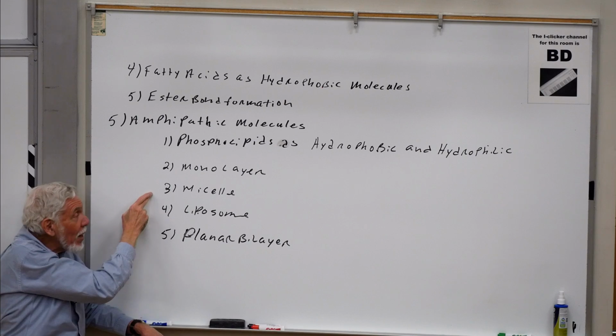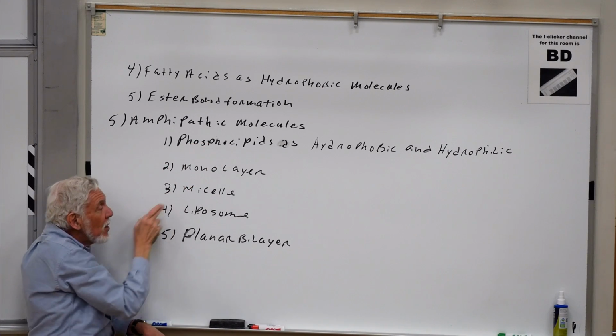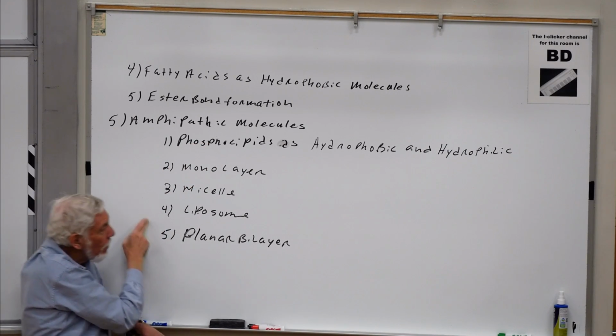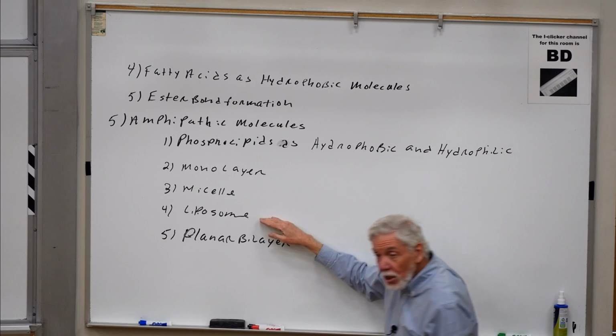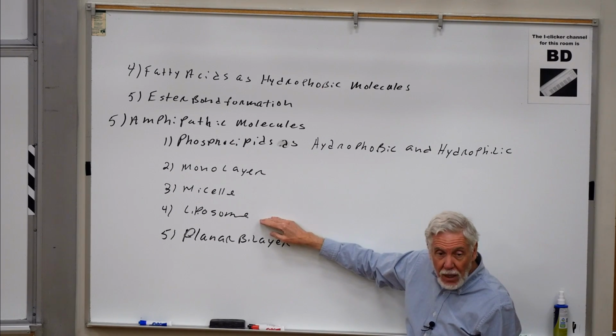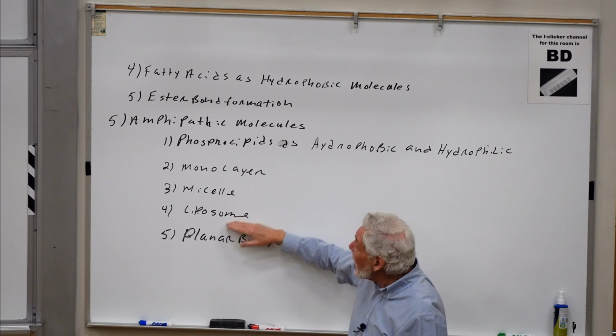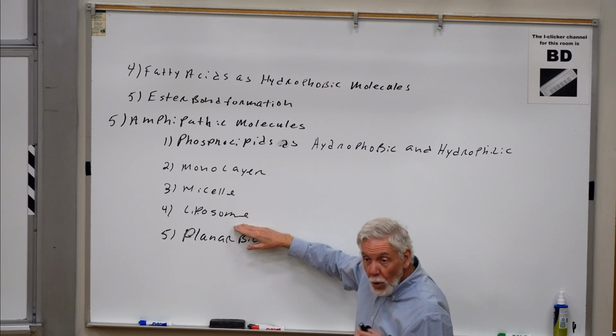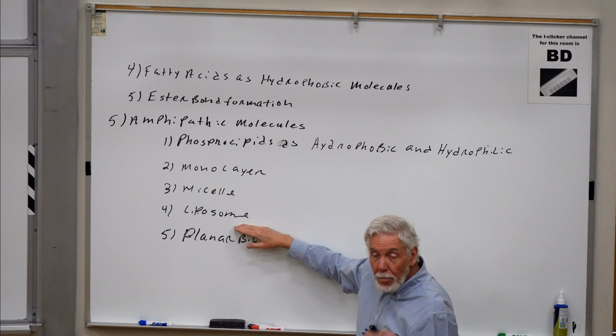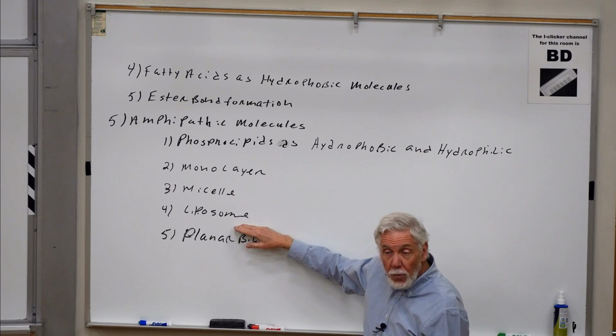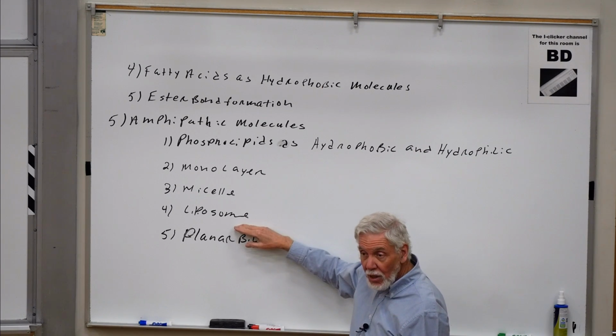So then we have to think about how to make these phospholipids stable in a water environment. The first way we'll do that is to generate something known as a liposome. The fundamental characteristic of a liposome is the phospholipids will be organized into a lipid bilayer. The phospholipids will be formed into 2 layers.